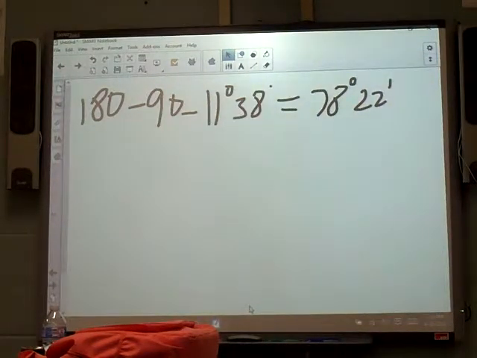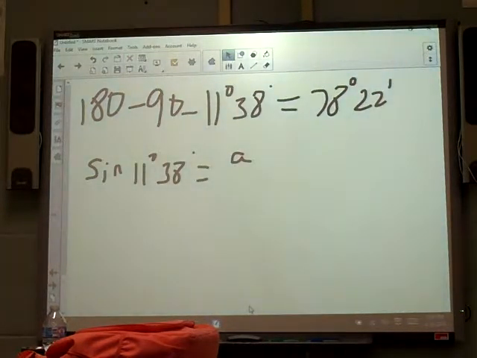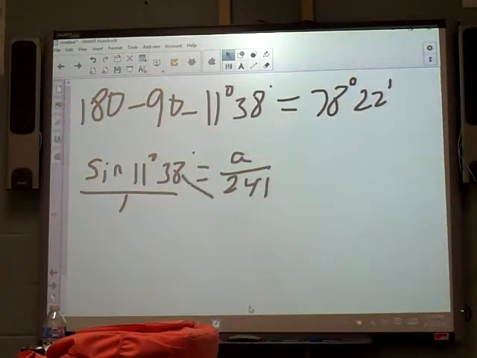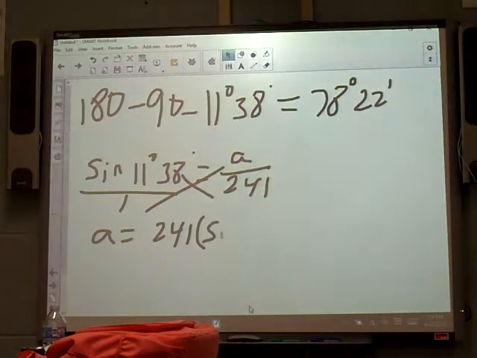Okay? Side, the hypotenuse is 241, so I'm going to find side A first. So looking from 11 degrees 38 minutes, that would be opposite. So that's sine. So the sine of 11 degrees and 38 minutes is equal to opposite, which is A, over hypotenuse. A is equal to 241 times the sine of 11 degrees and 38 minutes.